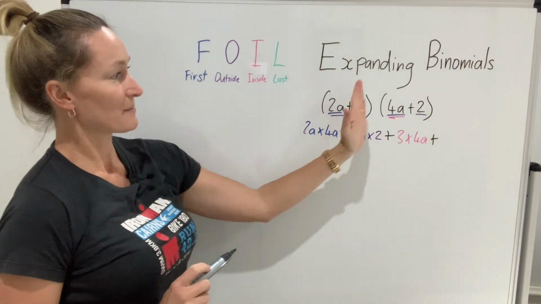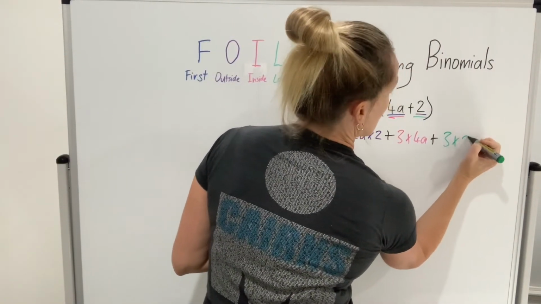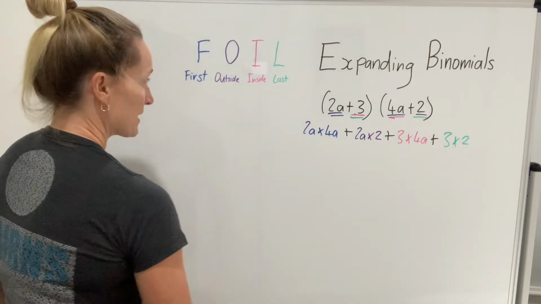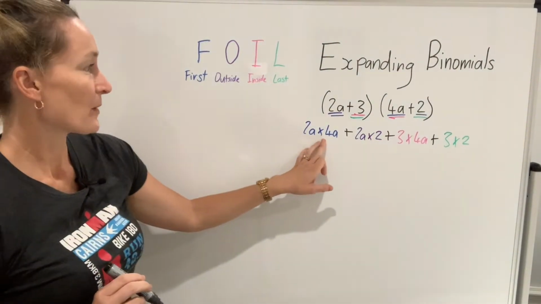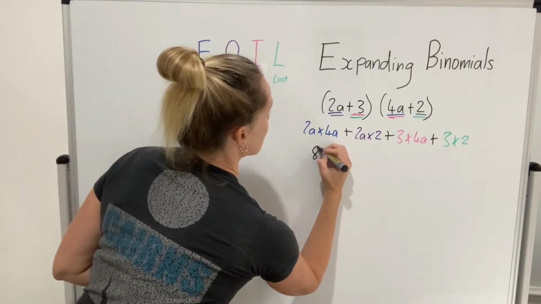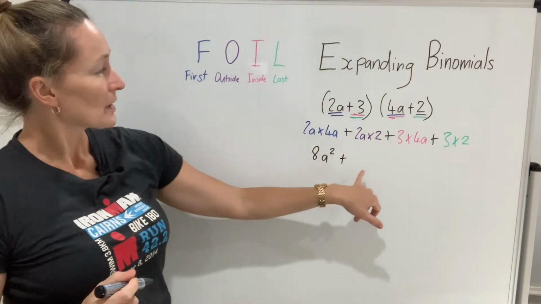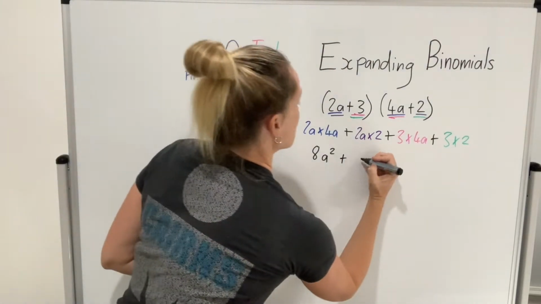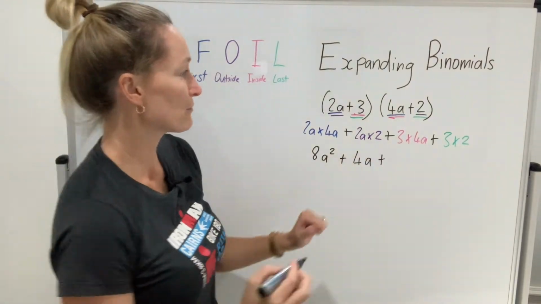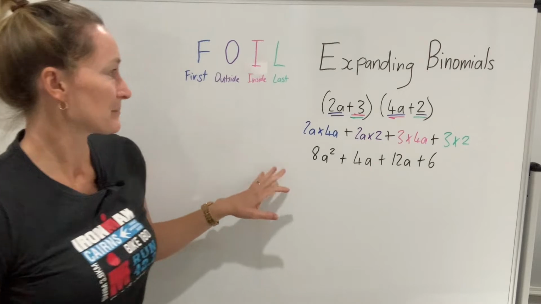So the last two terms in each set of brackets, we've got 3 multiplied by 2. All right, so from there, we can do our multiplication. So we've got 2A times 4A, which would give us 8A squared, which is the power of 2. 2A multiplied by 2 gives us 4A, plus 3 times 4A would be 12A, and 3 times 2 is 6.